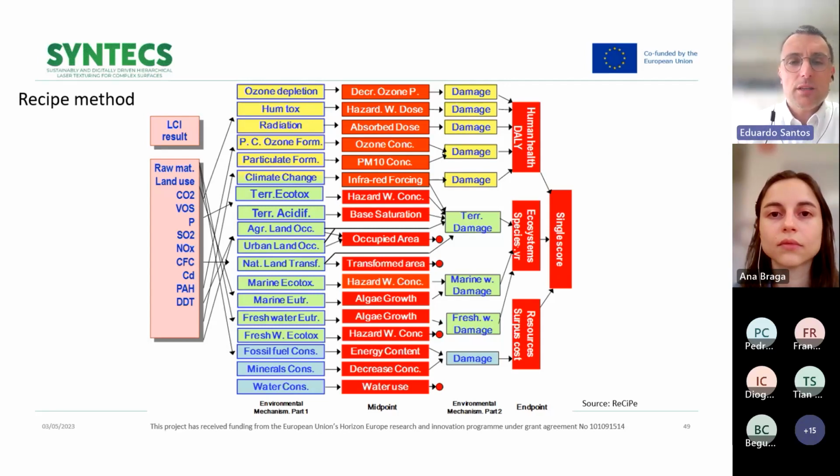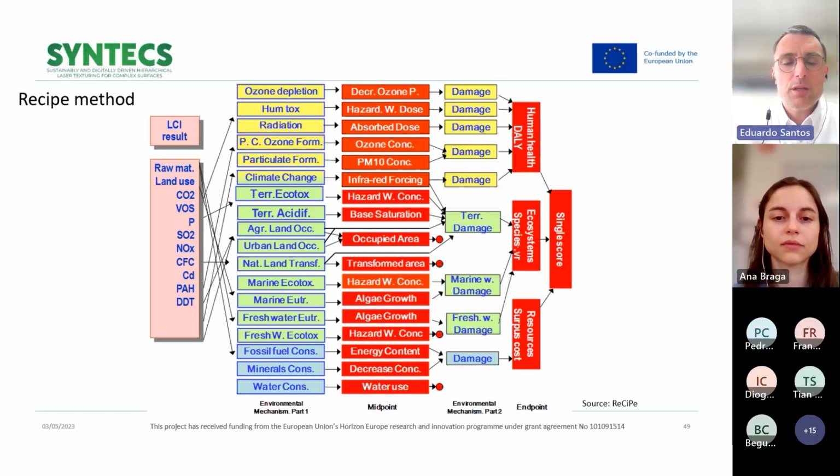Then that can be translated into effects. So this can affect the occupied area or the emissions of particles or the ozone concentration that is changed. And that can also then be transformed into environmental mechanism two. So it's a step closer to endpoint.